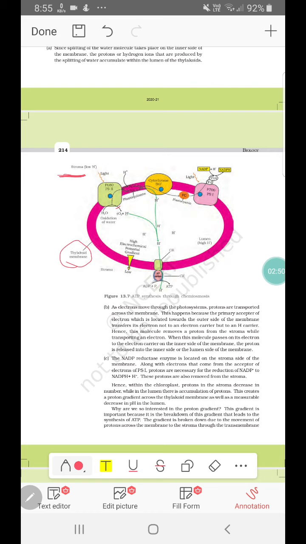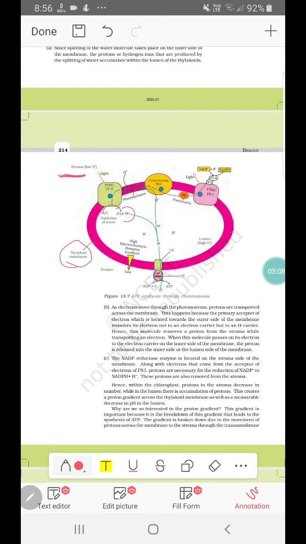With the help of certain molecules, the PS2 molecule will be excited in the presence of light. There will be splitting of water. We have seen that the complex for splitting of water is present only in PS2.